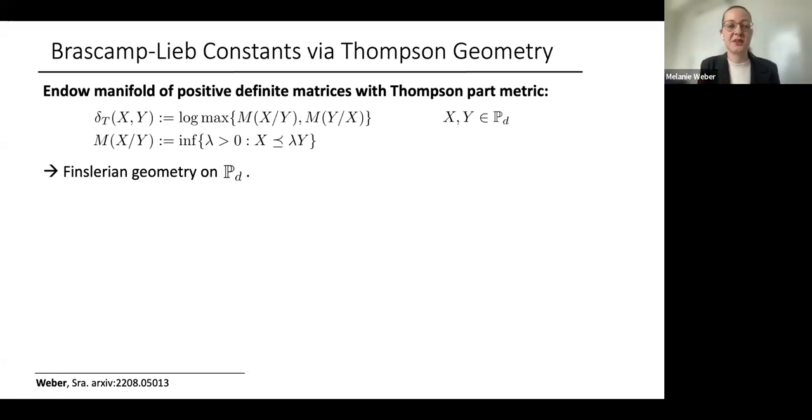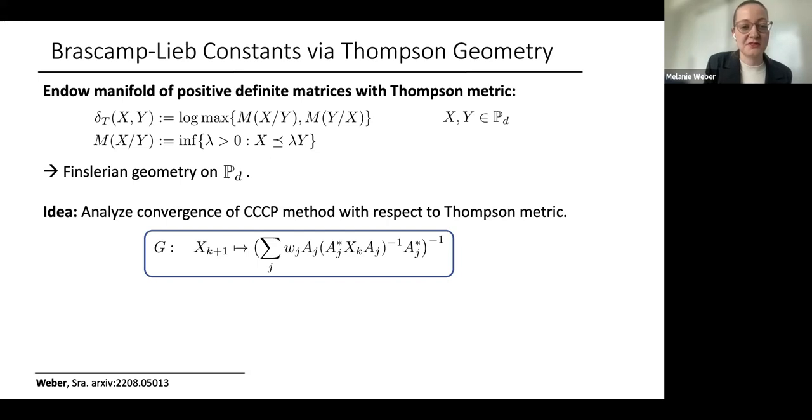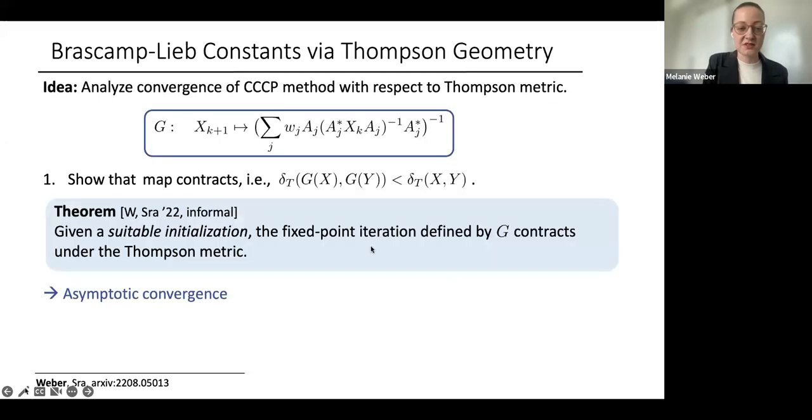I don't want to go into too much detail on defining the Finsler geometry, but it arises from endowing the positive definite matrices with the Thompson metric, which is written here. So it's just a different metric that we put on the positive definite matrices. And then we use this to analyze this fixed point iteration, so this map that we've seen already on the previous slide.